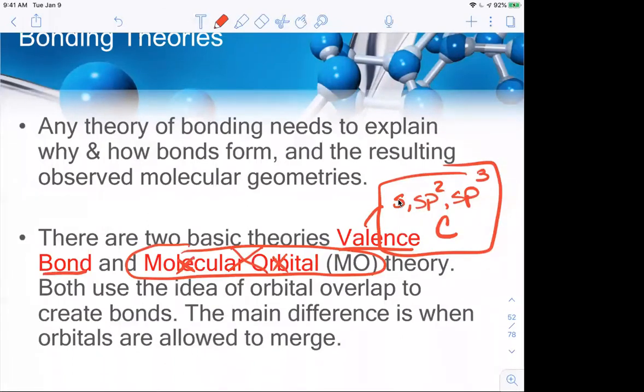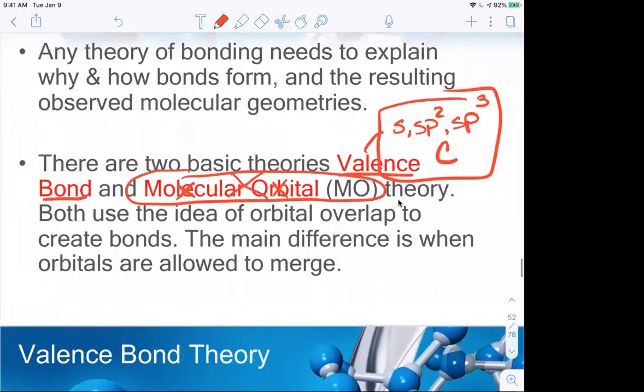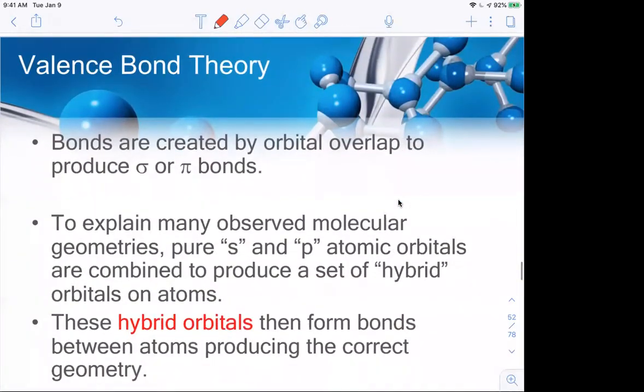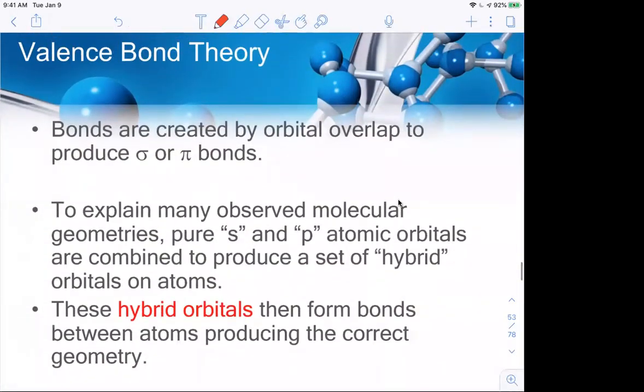You don't have to be an expert in these theories, but you do have to be able to distinguish between sp2 and sp3 hybridization. And again, that would be triple, double, and singly bonded carbon that we're really going to focus on. So remember, my bonds are created by orbital overlap, and that's going to produce sigma or pi bonds.